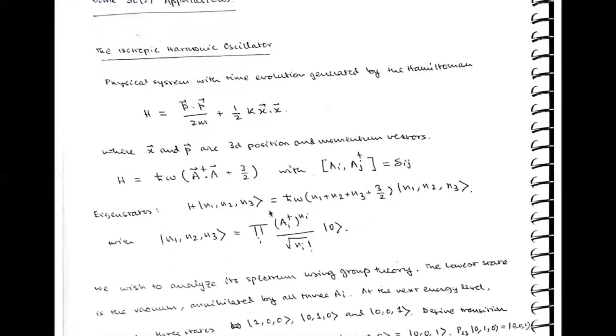Okay, very good. So now we wish to analyze its spectrum by using group theory, and so the lowest state, the vacuum, is going to be one which is annihilated by all the 3 A_i's.